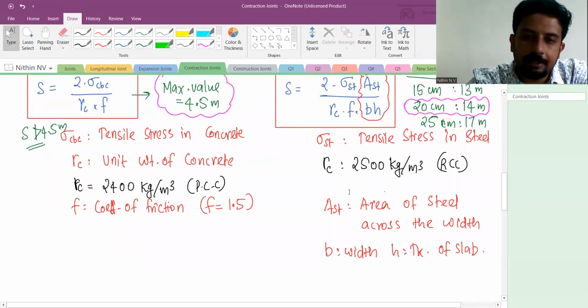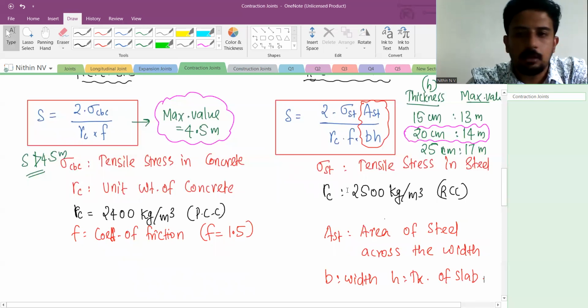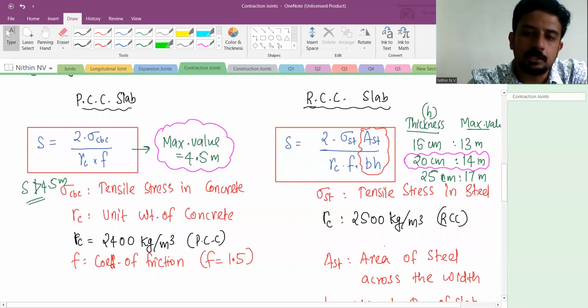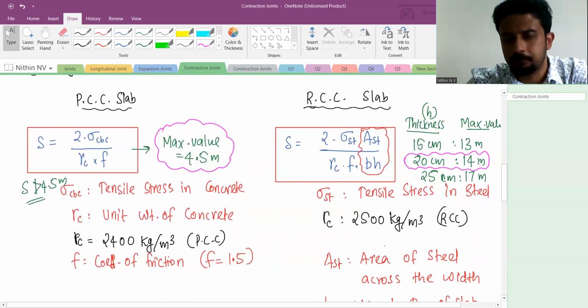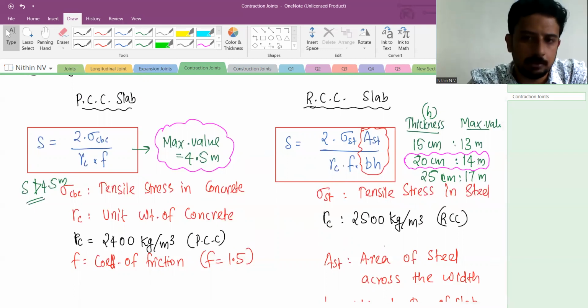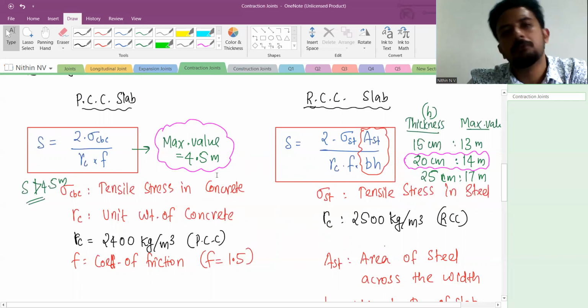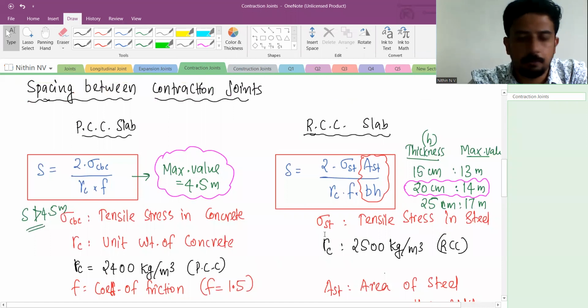Suppose H is 20 centimeter, and you got a value, for example, some 16 meter and something, the final answer should be 14. It should not exceed the maximum limit. Understood? Similarly, for PCC, it should not exceed 4.5 meter. So these two things you need to keep in mind.